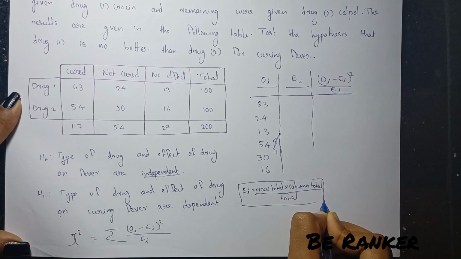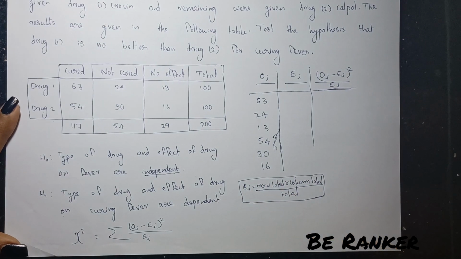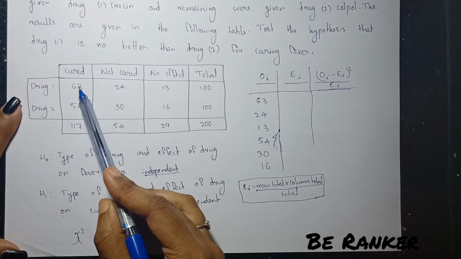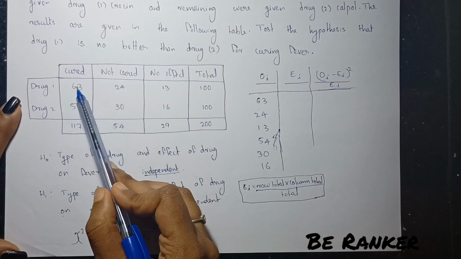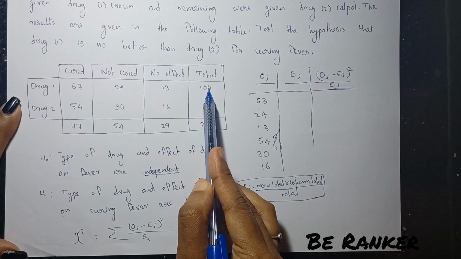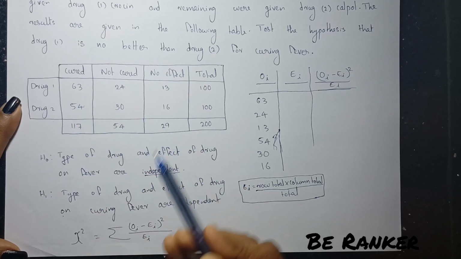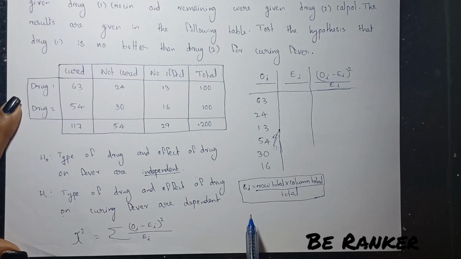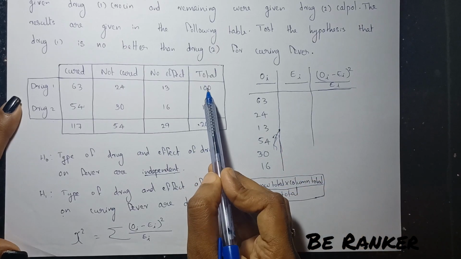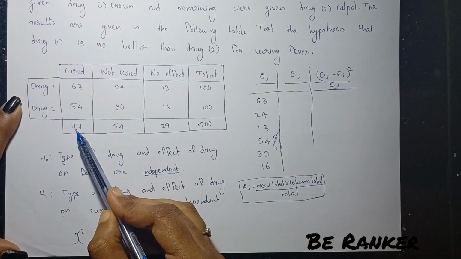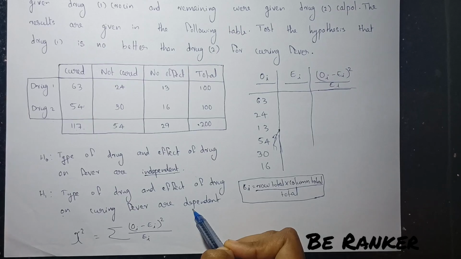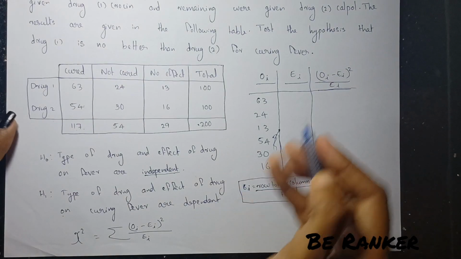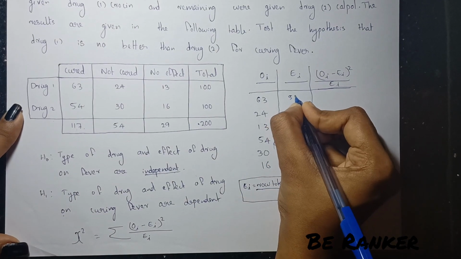For the first one, 63, the row total is 100, the column total is 117, and the total is 200. So the EI value is 100 into 117 by 200, and the value here is 58.5.